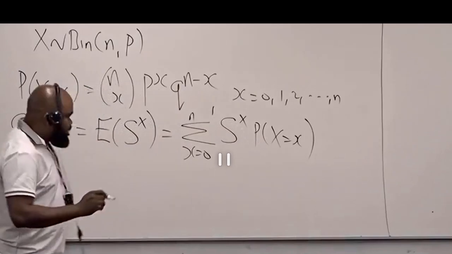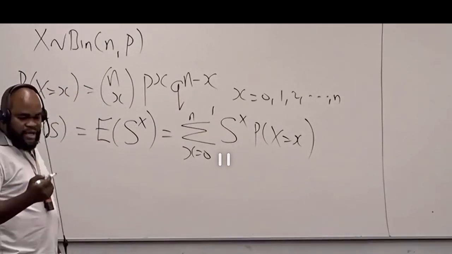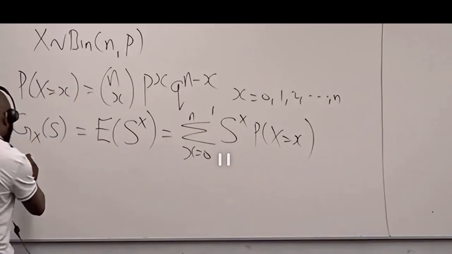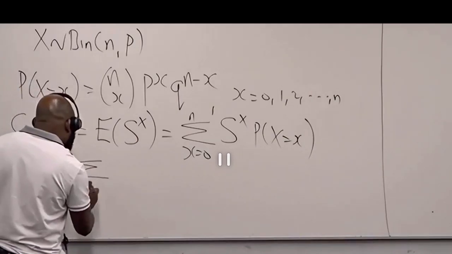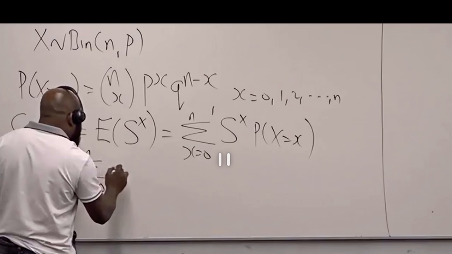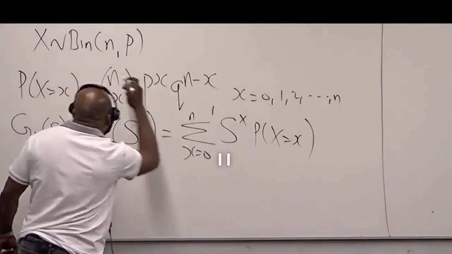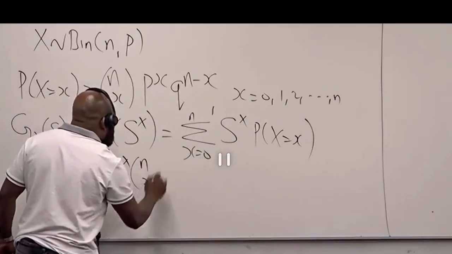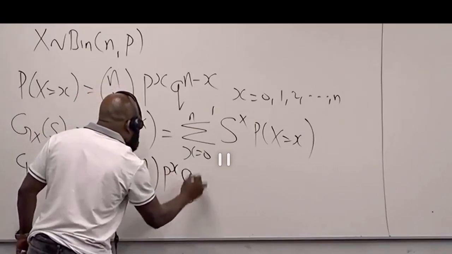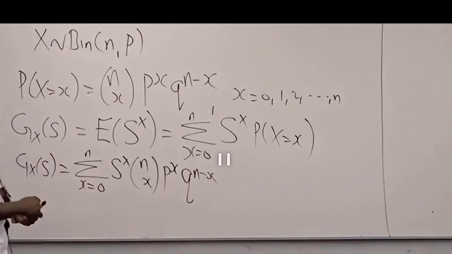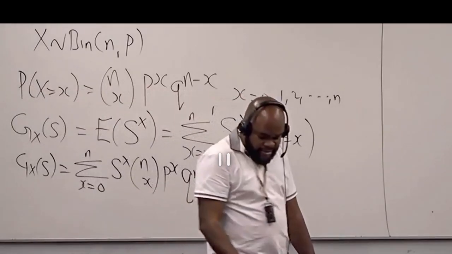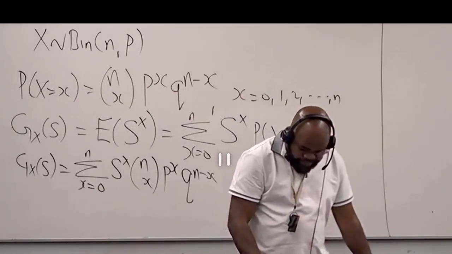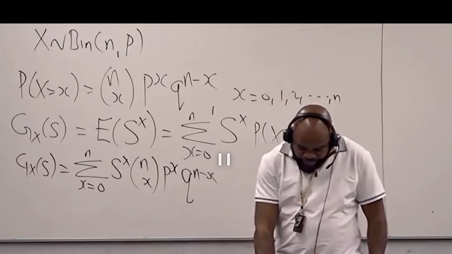Okay, now if you take a look at what I have right now, the G of x is now going to be the summation s from 0 to n of x^s, then the binomial, n combination s, p raised to power s, q raised to power n minus s.